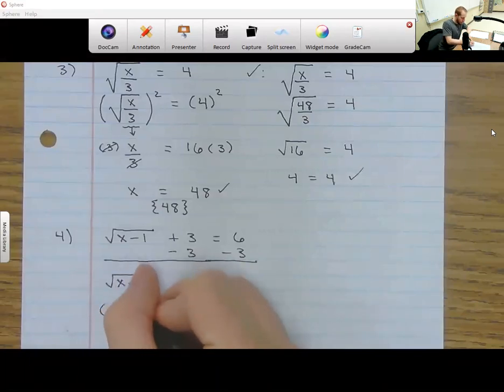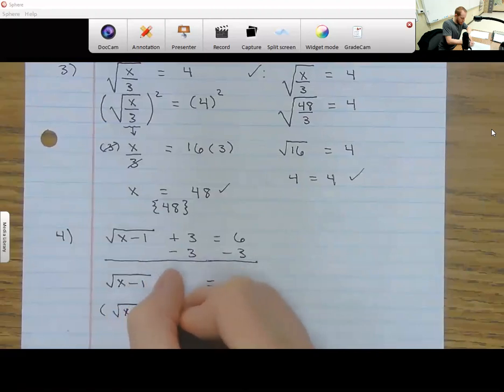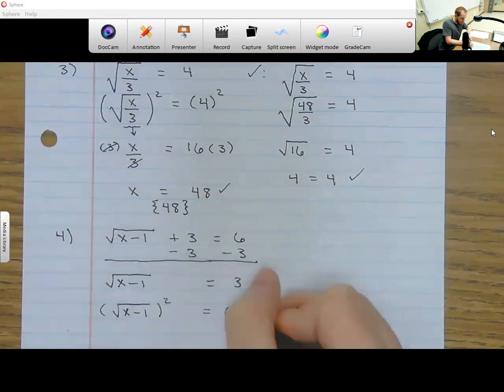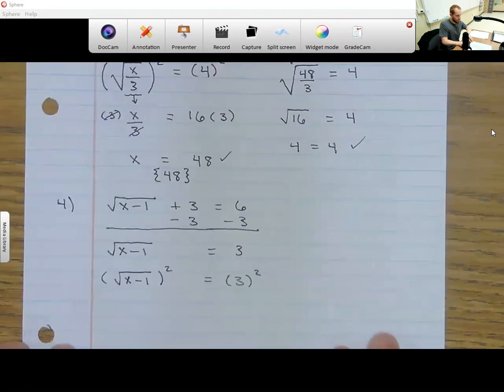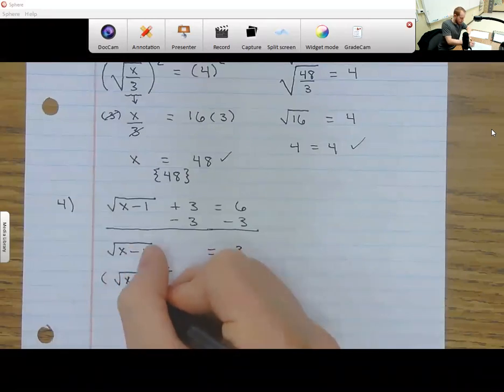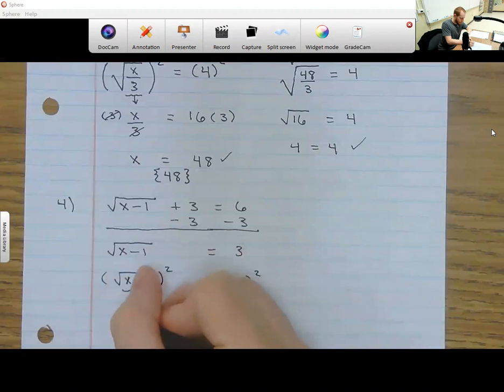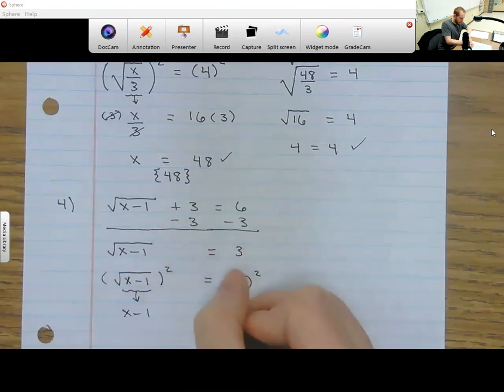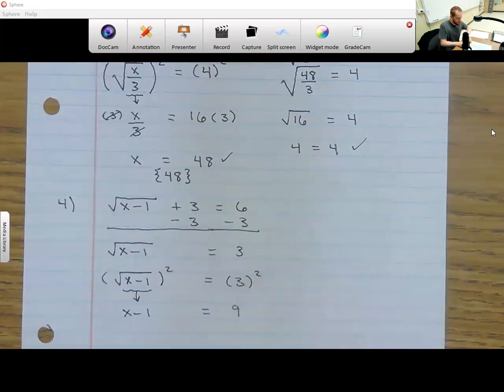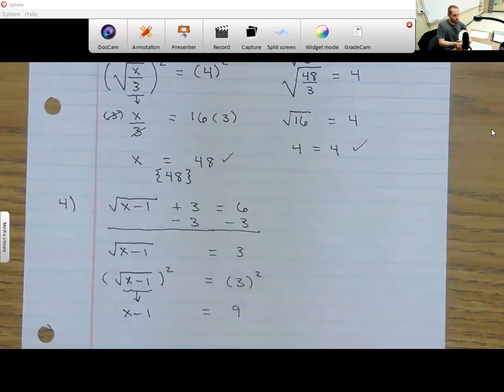I'm going to square the square root over here, and I'm going to square the 3 over here. So I get something that looks like this. Now, whatever's on the inside of the radical, just bring it out the way it is. Nothing has changed inside here. So the x minus 1 comes out, and over here, I'm actually going to have a 9, because 3 squared is 3 times 3, right?